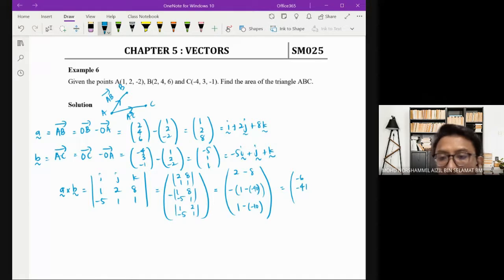This one, 10 plus 1, 11. So we obtain minus 6i minus 41j plus 11k. Guys, okay?